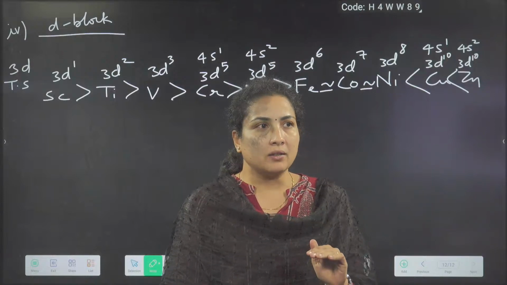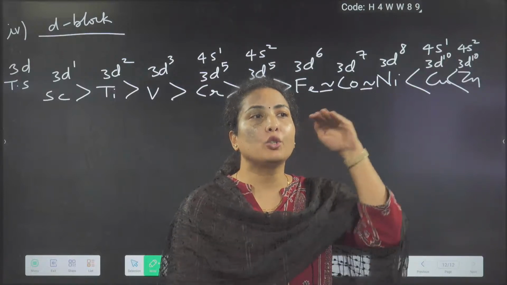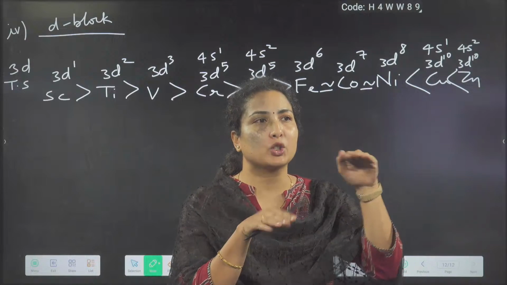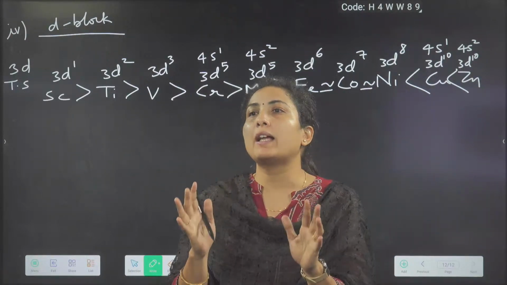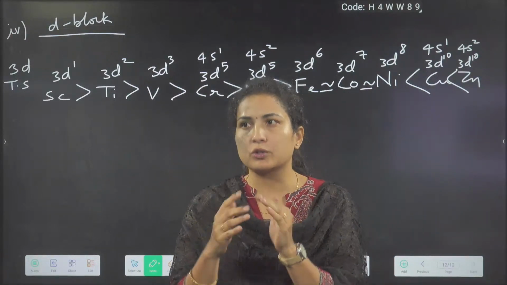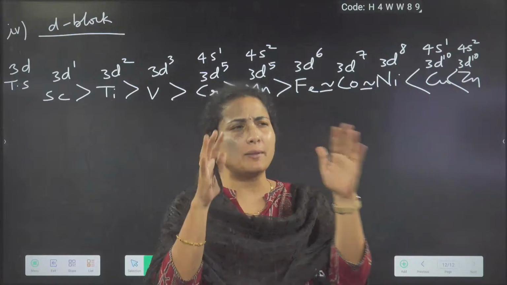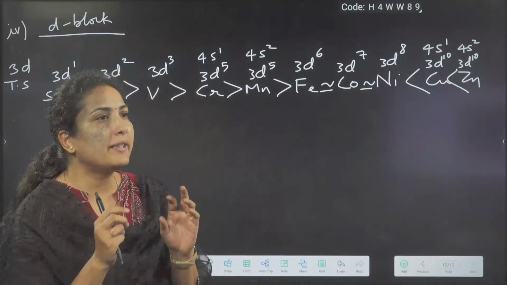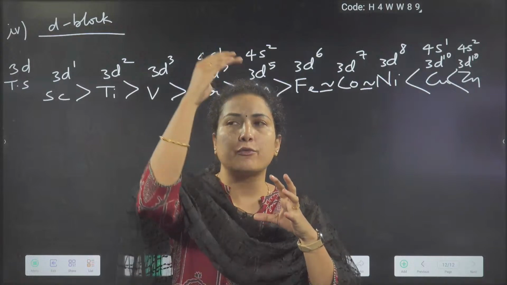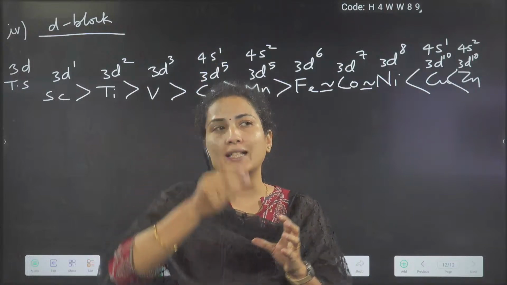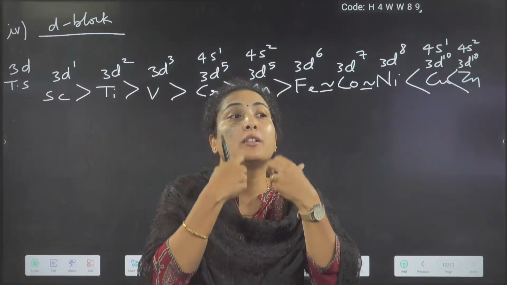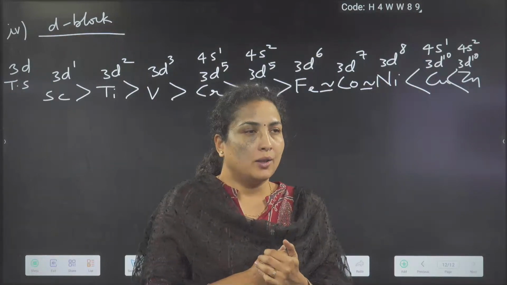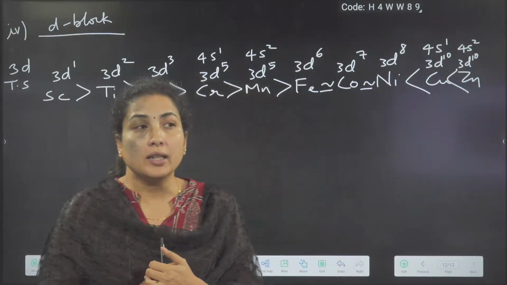Now, if I am saying that force of attraction dominates the force of repulsion, what will happen to the size? Will the size reduce or increase? You think on that basis. At present, do not worry about what I've written on the board. Simply tell me, if the force of attraction felt by the outermost electron is more in comparison to the repulsion which it feels, then definitely size will decrease.